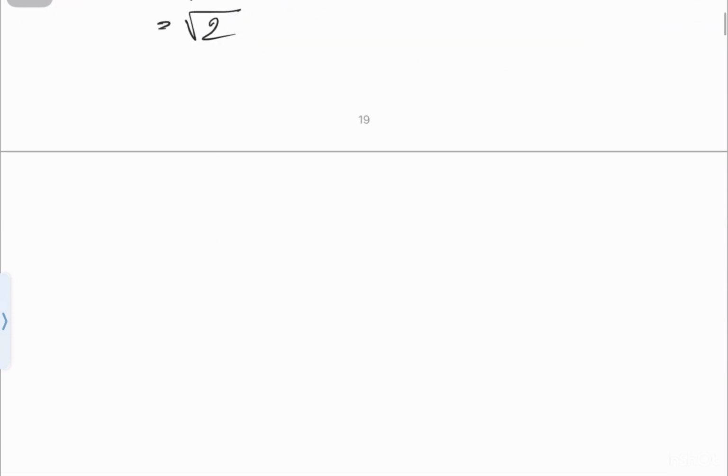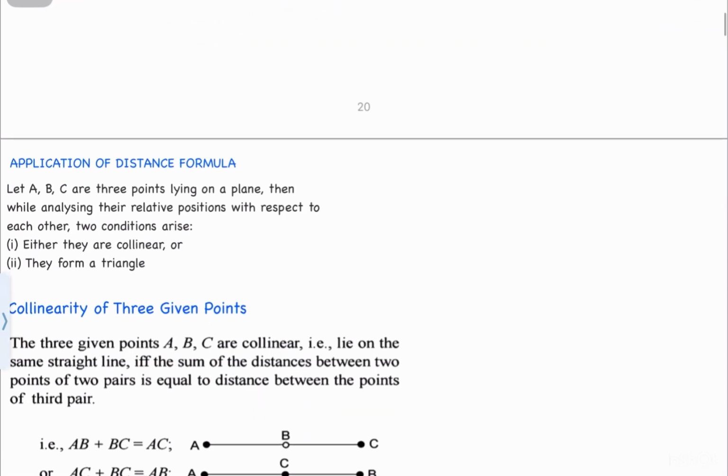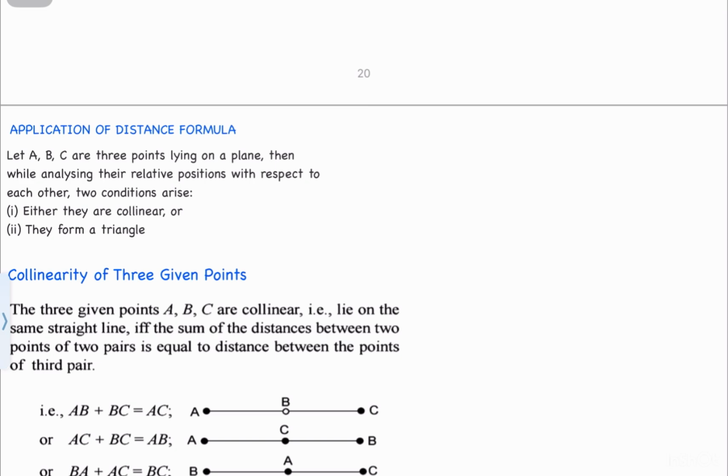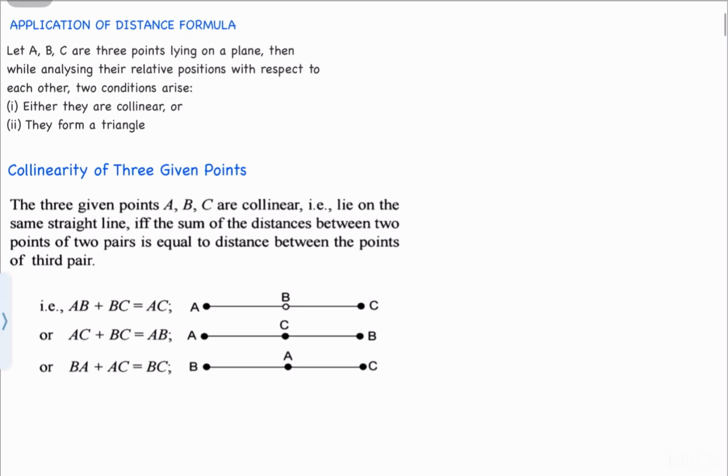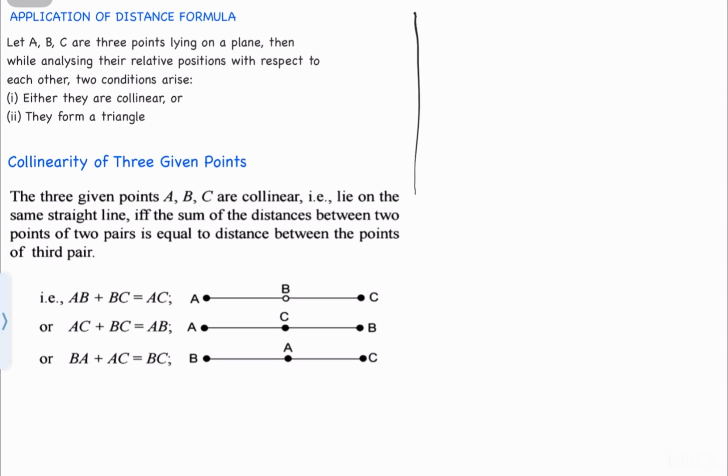And now going to the next topic, application of the distance formula. Okay, try to understand. Whenever you have 3 points, those 3 points can form two types. The first type is collinear and the second type is a triangle.